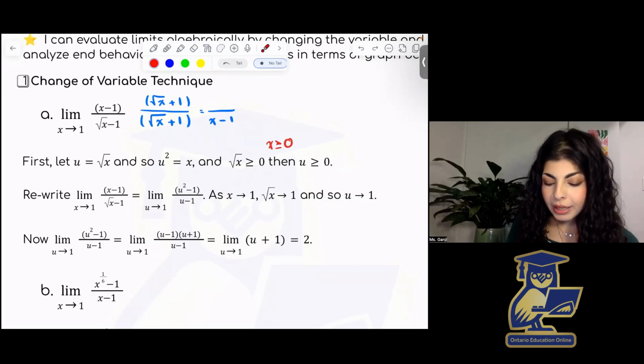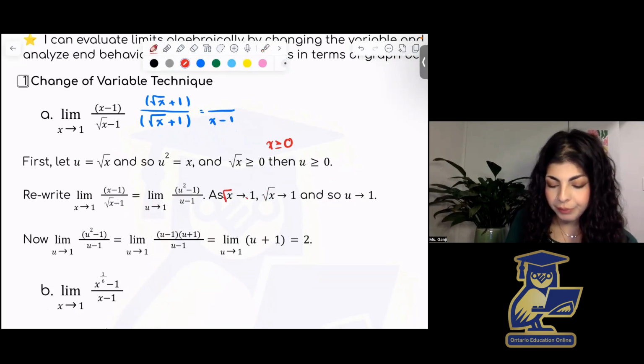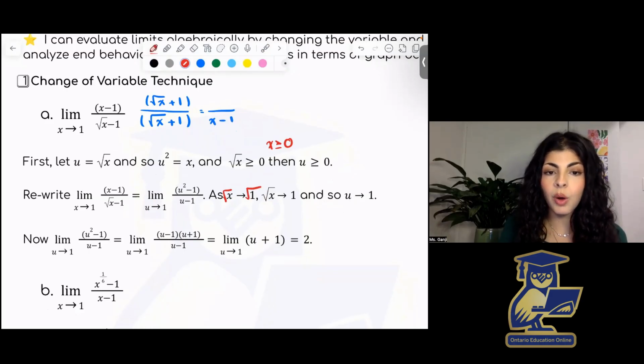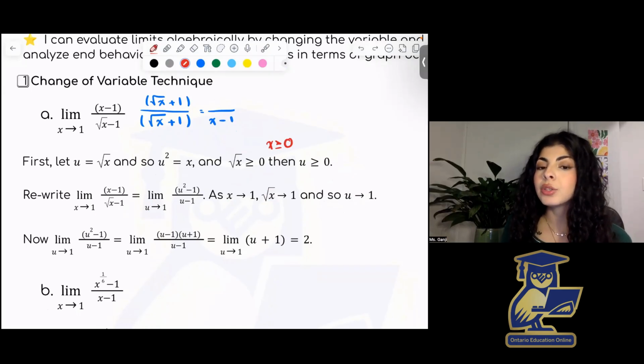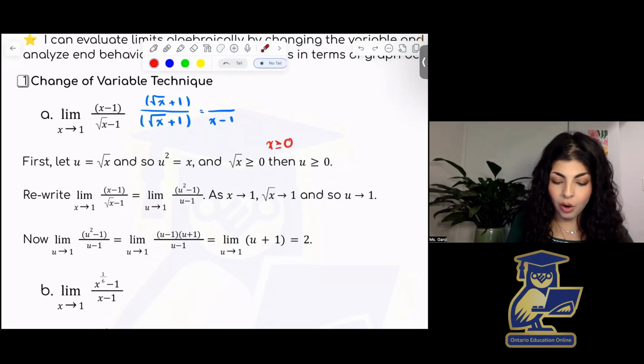Now, considering the square root, similar to the inequality, we have square root of x is also approaching 1 when x is approaching 1. And so u, which was square root of x, is also approaching 1. And that's why we have that written in our limit here.